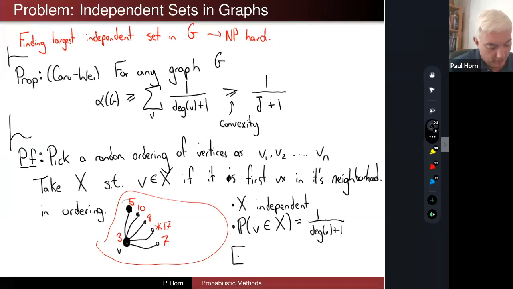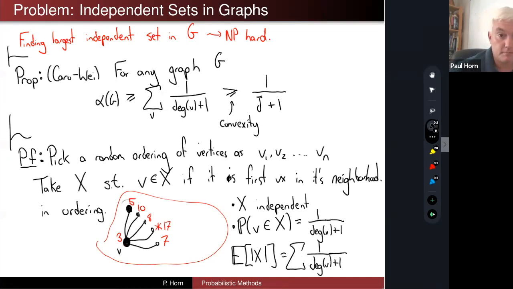And now that means that if I compute the expected size of X, this is just the sum of 1 over the degree of V plus 1. Aha. But that means that there is an independent set that's at least that large.